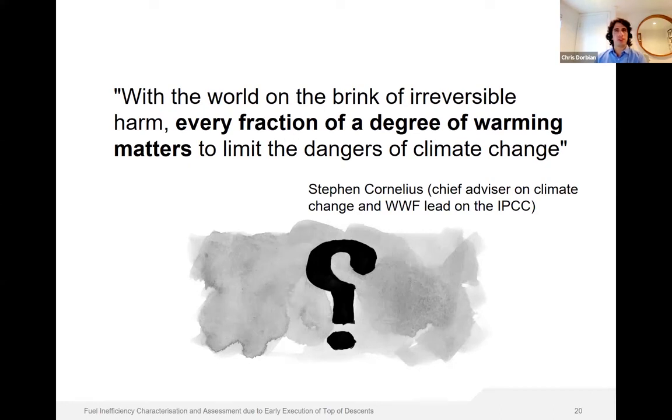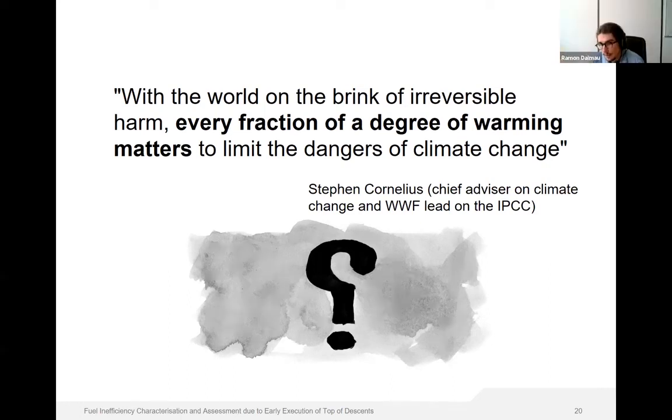So even if there was some means of ATC seeing what the operator says is their optimal top of descent, can they really count on that being true, or how can they act on that over the course of normal operations?